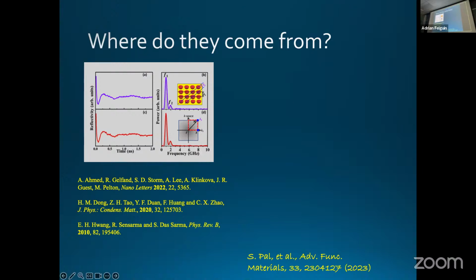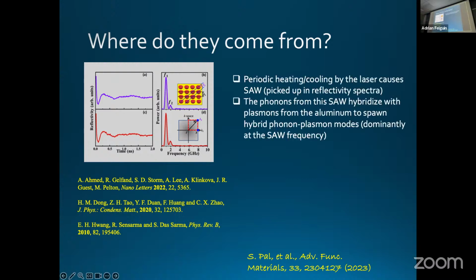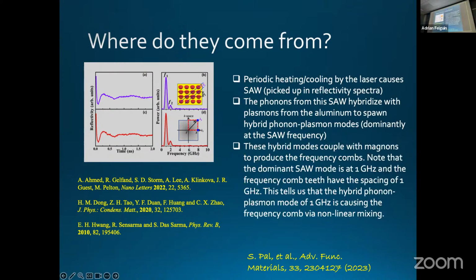And so this hybridized phonon-plasmon mode is causing coupling with the magnons and causing these spin wave frequency groups. The phonons from this SAW hybridize with plasmons from aluminum to spawn hybrid phonon-plasmon modes, dominantly at the SAW frequency, and these hybrid modes couple with magnons to produce the frequency groups.